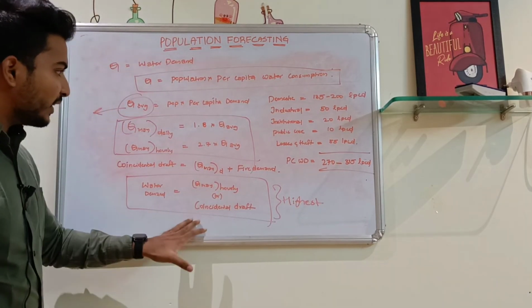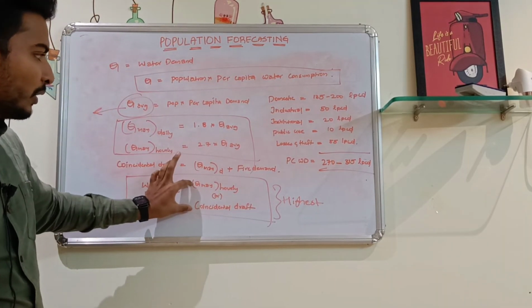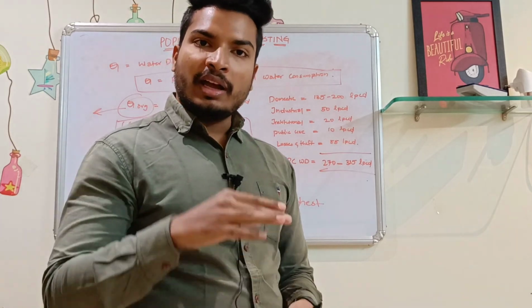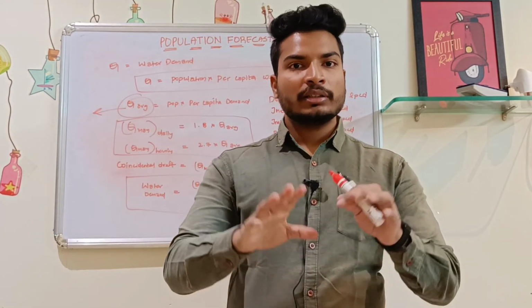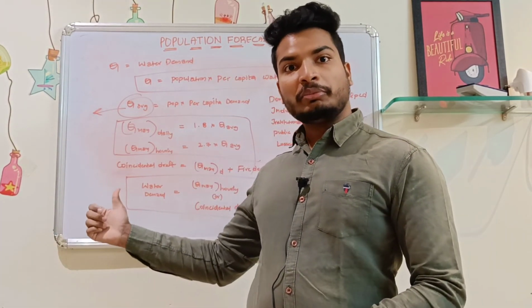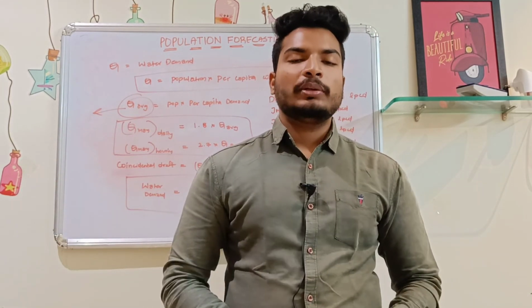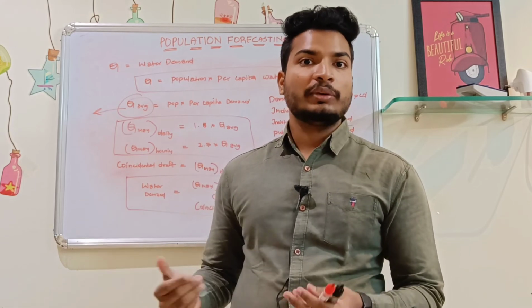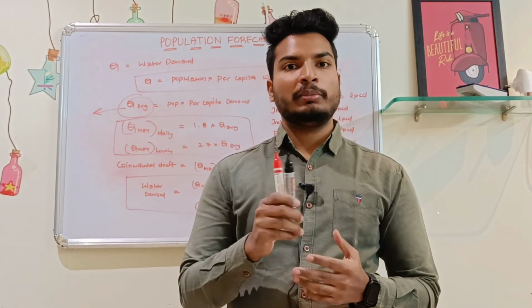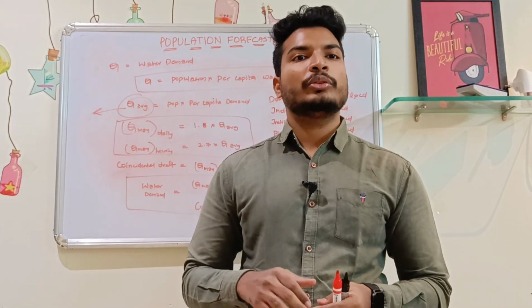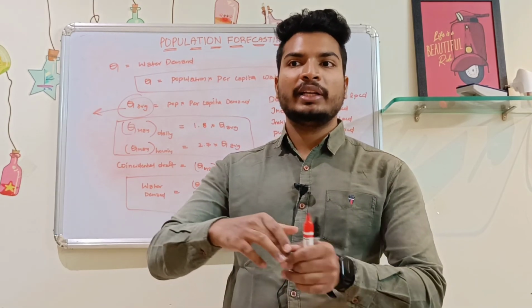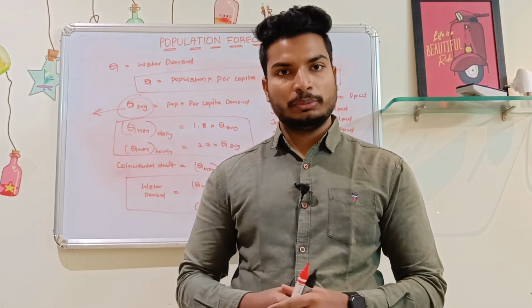Whichever is highest of these two, we'll take it as the water demand, and we'll construct the water distribution system for that water demand. I have calculated all these things. For example, for the city, I have got the water demand as 10 MLD, 10 million liters per day. So for that 10 million liters per day, I need to construct a water distribution system.